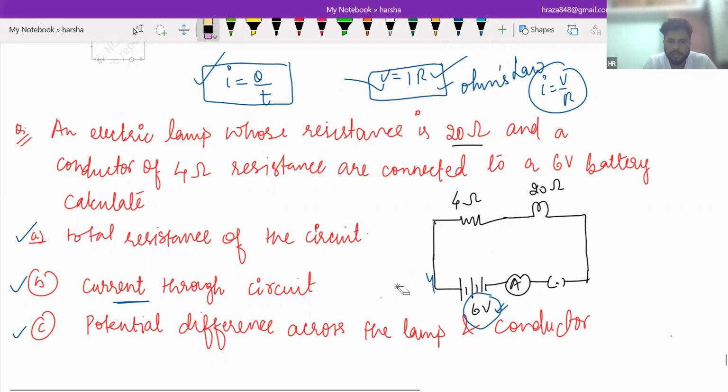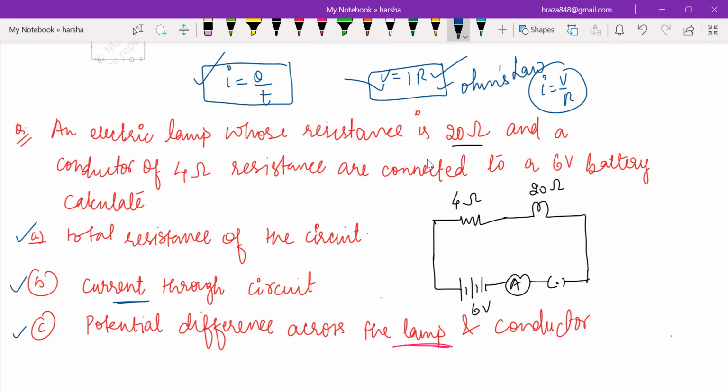C, potential difference across each resistor, across lamp and conductor. What is the potential difference across the lamp? Sarah and Harsha, you're doing.